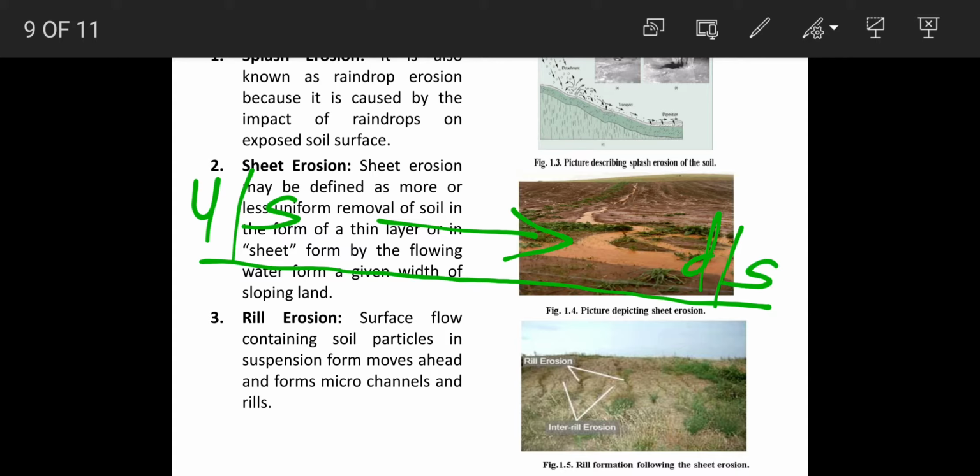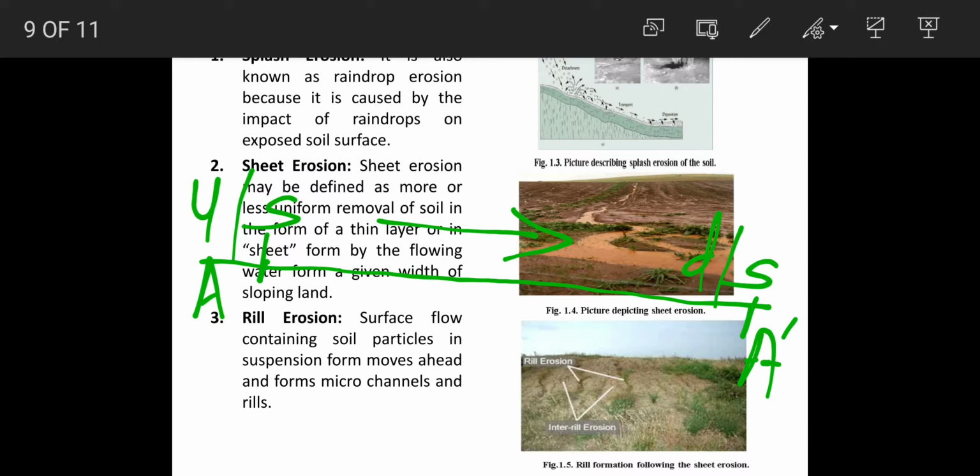Initially the ground surface is at the level a dash, right? That is the initial level of the ground surface.